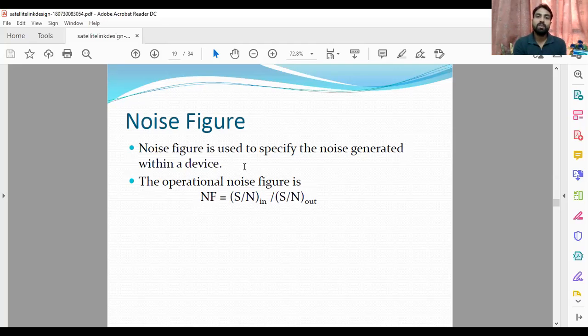If anybody is looking to find out this noise figure, that can easily be calculated. Find out the signal to noise ratio of the input. Whatever signal is coming, just check its SNR, and check the SNR at the output. So you can easily find out the noise figure.